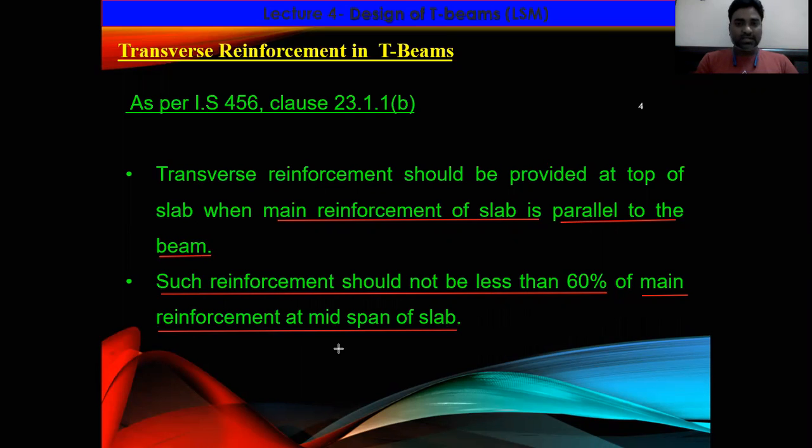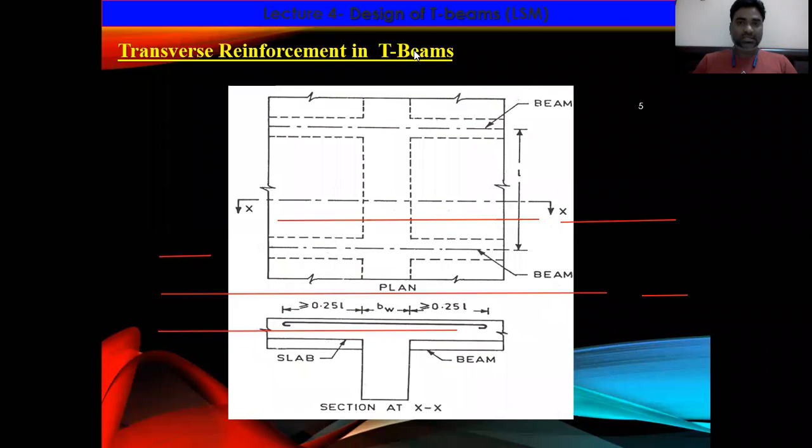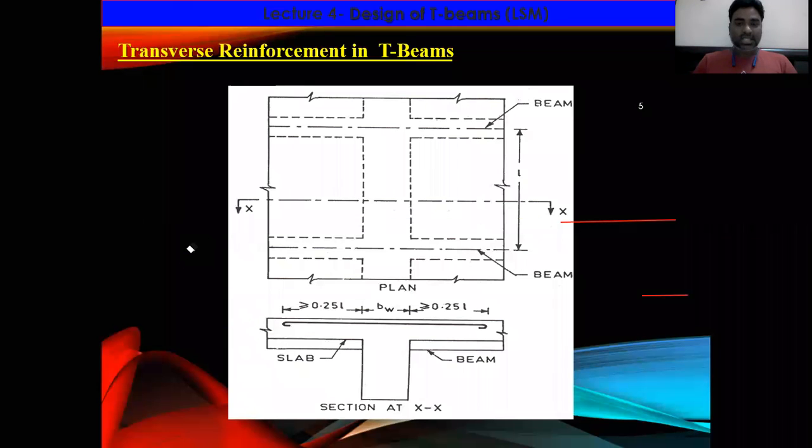That means the transverse reinforcement should be provided at the top of the slab when the main reinforcement of the slab is parallel to the beam, and that reinforcement should not be less than 60% of the main reinforcement at the mid-span. This is the transverse reinforcement you need to provide in the slabs.